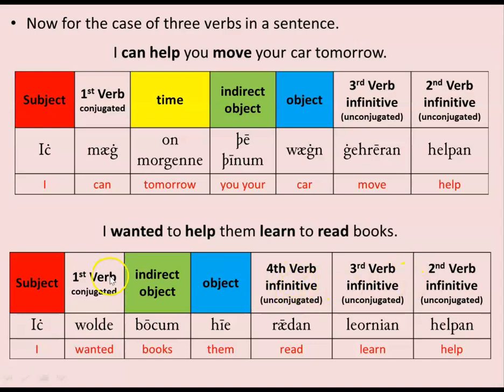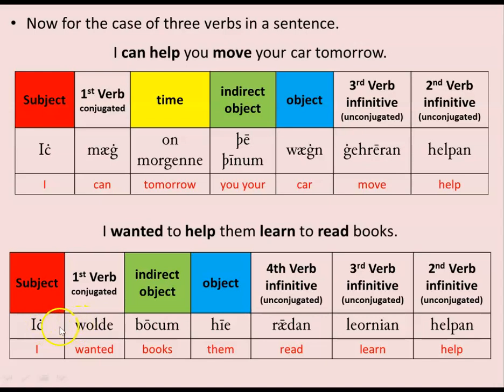You build inwards, okay? Then you have the indirect object, bokum, books, plural, dative. Indirect objects are in the dative. The object is them here, that is in the accusative, okay? First person past tense singular, because it's only me, I, singular.